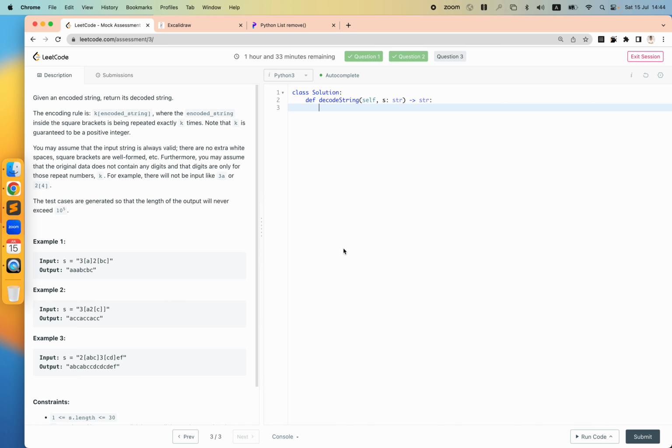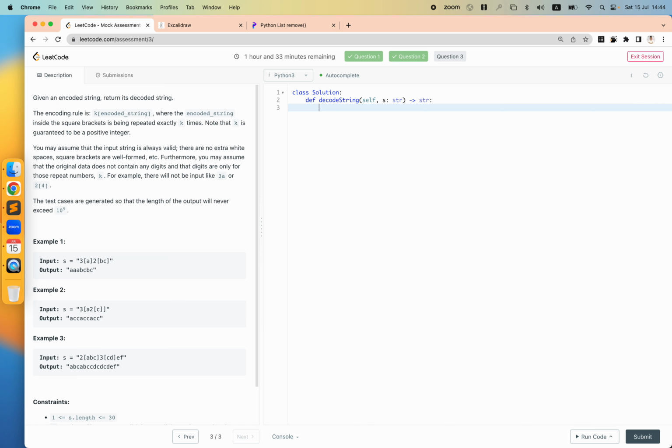So what I need to do is map this bracket with this one, this one with this one. When I process this one, I get the number. If I match this one, I will process the whole thing. If it's a letter, then okay.